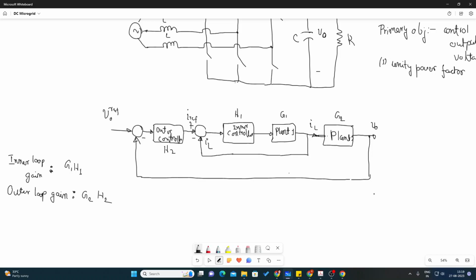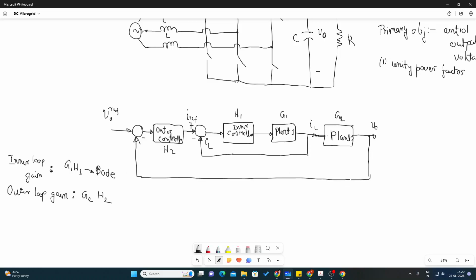G1 and H1 won't come in the outer loop. That's what I'm saying. To ensure that G1H1 doesn't come, you consider the Bode plot of this and make it 1. That will reduce to 1, since I'm considering that its DC gain is 1.